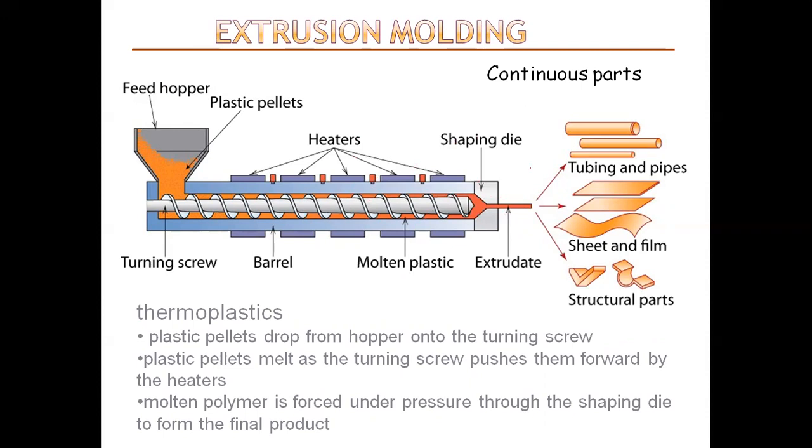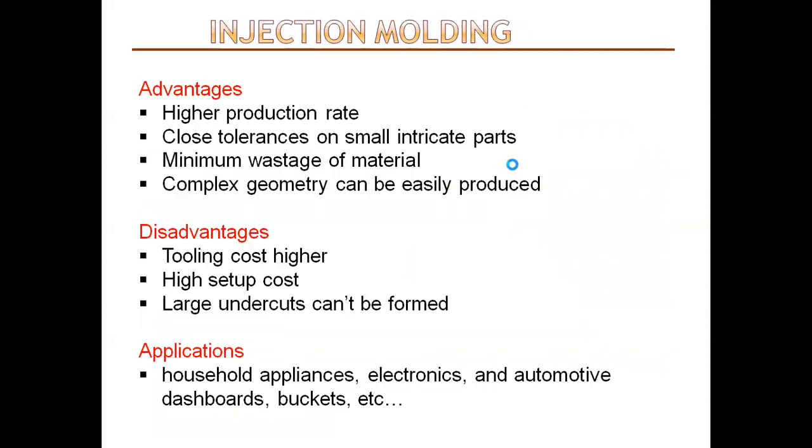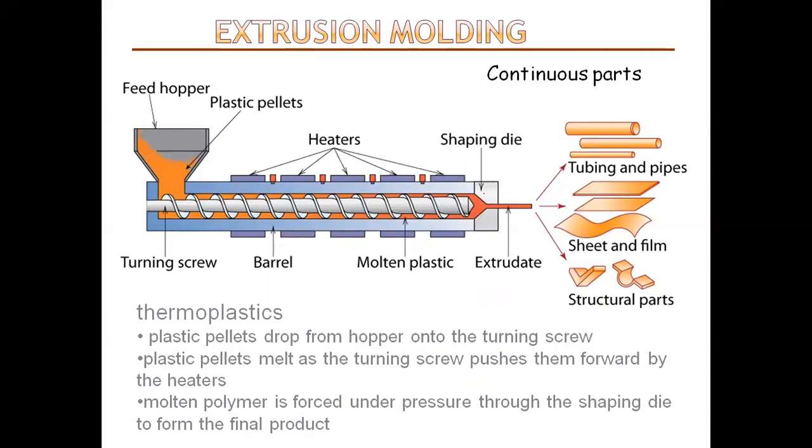Okay, so here the process is quite similar to injection molding. In extrusion, the raw plastic material in the form of noodles, also called small beads, is fed into the hopper, which is mounted on the top portion.